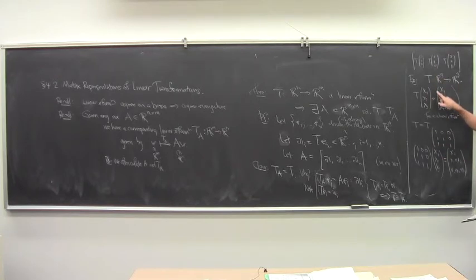T of 1, 0, 0 is 1, 1, 1. T of 0, 1, 0 is 0, 1, 1. T of 0, 0, 1 is 0, 0, 1. I take those as my columns, and that's the matrix that acts on the standard basis, and thus on everything, the same way that T does.